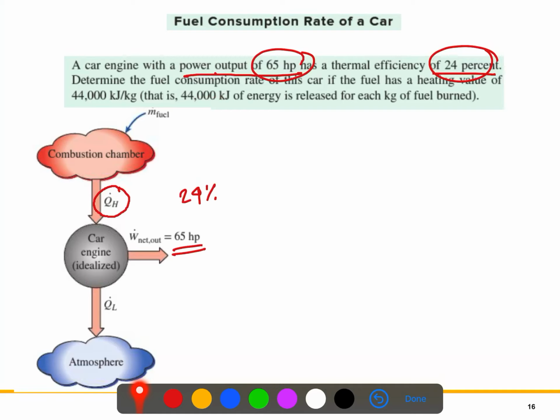So what we need to calculate is this value, the fuel consumption rate. Here it is an interesting problem. We can directly start with the analysis for this problem.